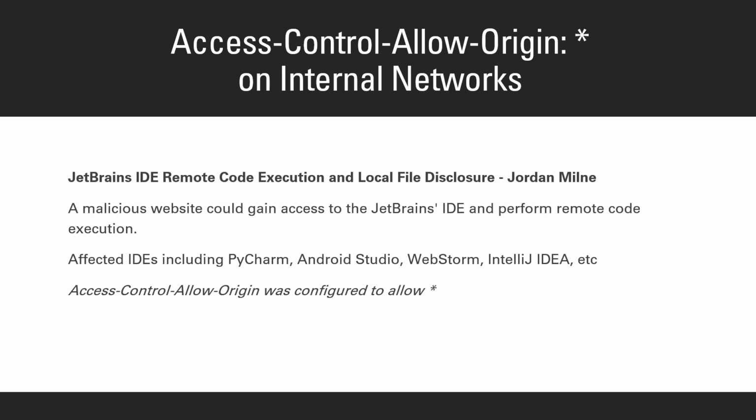And then the third one, which was an example in the video that I'm going to give you guys, I recommend you guys go watch if you want to learn even more about this. There's something called Intellig-ade, and this is a really infamous situation that happened. Intellig-ade was a server that ran on an internal network, and by default, it configured the access control allow origin to allow everyone on that internal network access, which is fine, except that the people on this internal network could also access the internet.